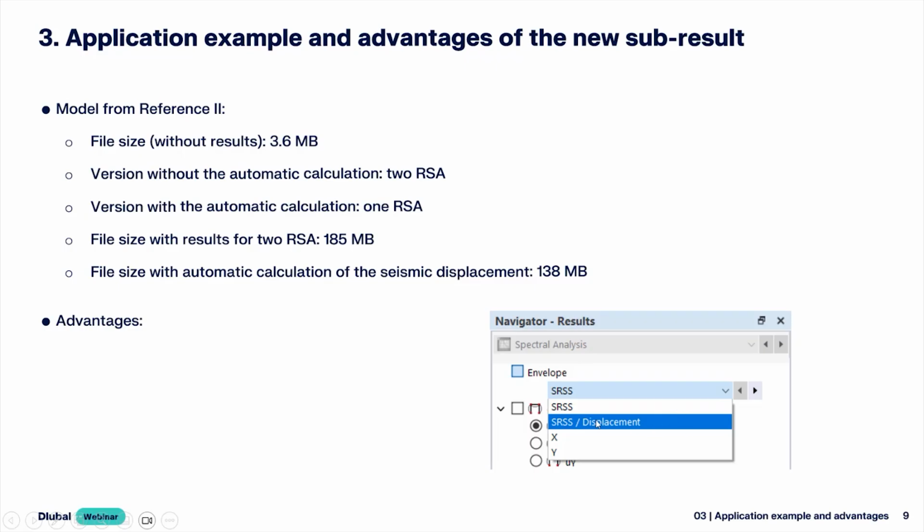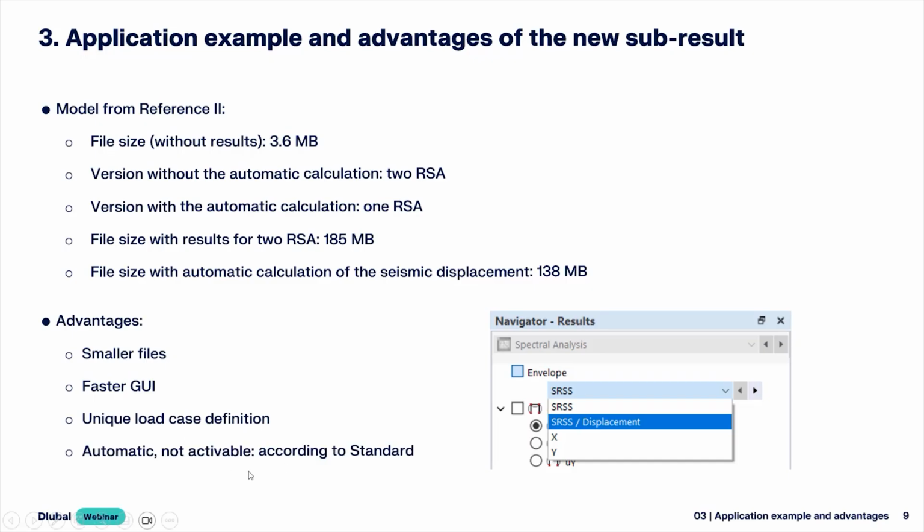So the advantages of this new sub-result, the displacement sub-result as we saw: smaller files, a faster interface in the program, and also a unique load case definition, which is quite important. It's automatic, it's not activable, so we made the decision to not make it optional because it's a requirement that takes place in every standard.